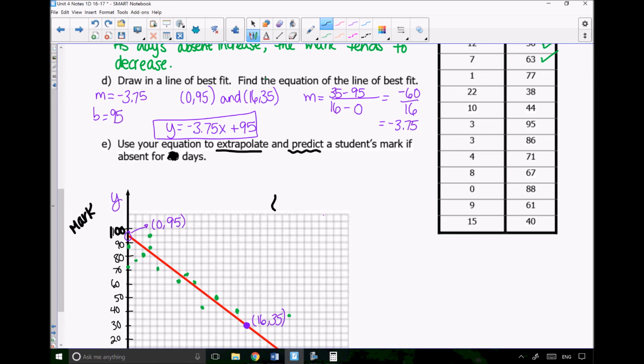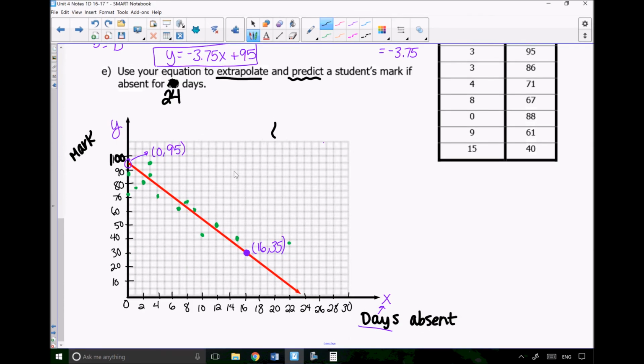Let's actually make this 24 days, okay? So if you remember right here when we did this, our days absent was x. So every time I see an x in my equation, I'm going to replace it with 24. So I'm going to say y equals negative 3.75 times 24, and then I'm going to add 95 onto it, okay?